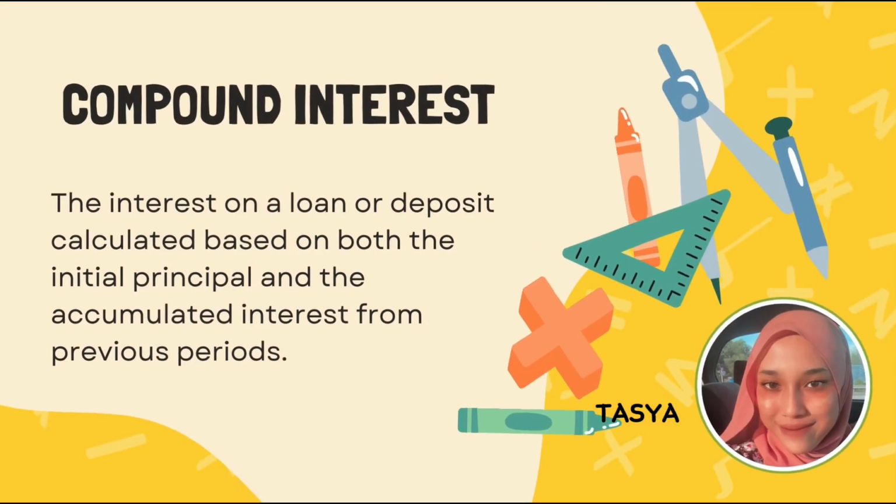So we're going to begin with the compound interest chapter. Compound interest is the interest on a loan or deposit calculated based on both the initial principal and the accumulated interest from previous periods.